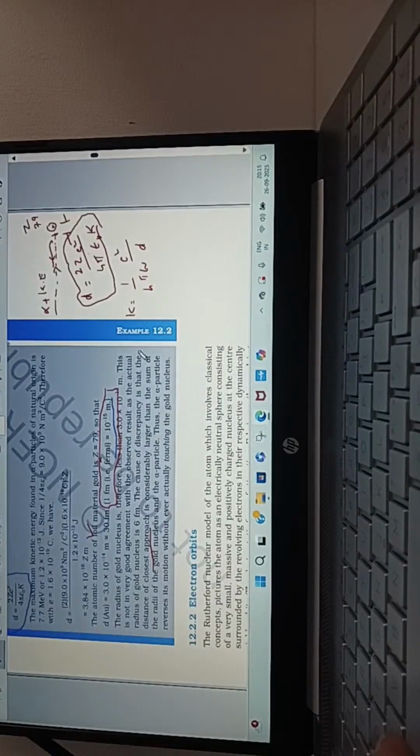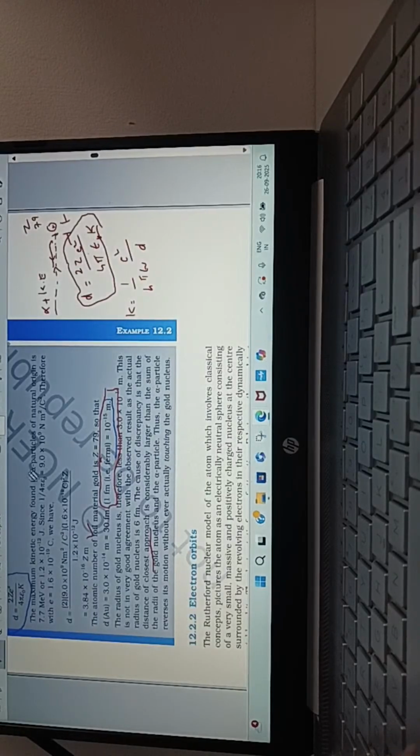So 2ZE has come. Why will 2 come? Half of mv square is the kinetic energy K given there. The maximum kinetic energy found is given, and this is the formula you remember.